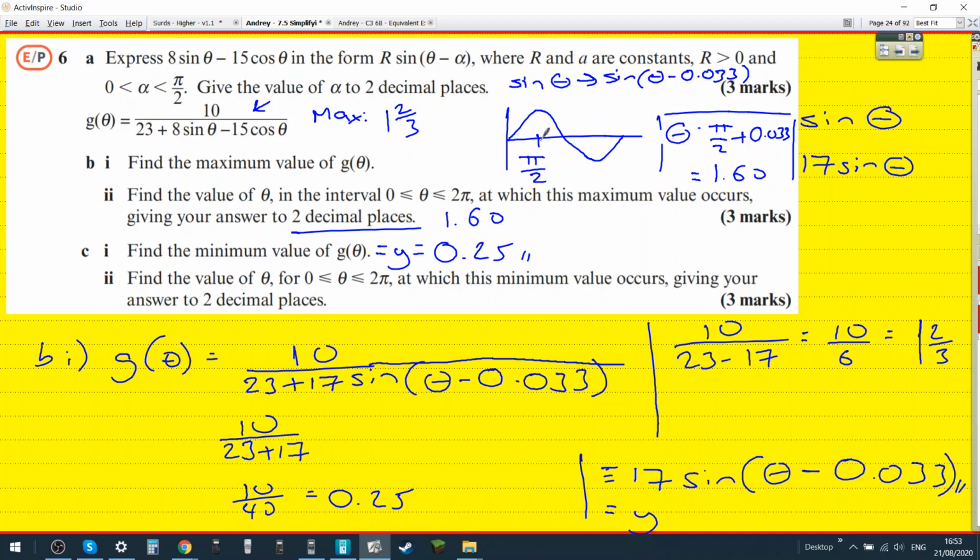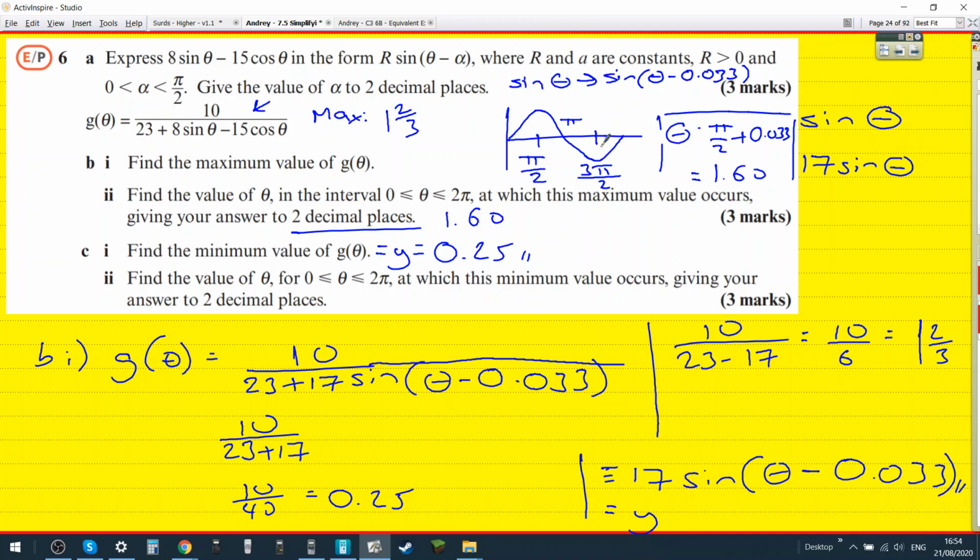For the maximum, for sine theta, it's pi over 2. For the minimum, pi. Get smaller than that. At pi, it's 0. Pi over 2, 3 pi over 2, 270. So 90, 180, 270, or a half, a whole, 1.5 pi.